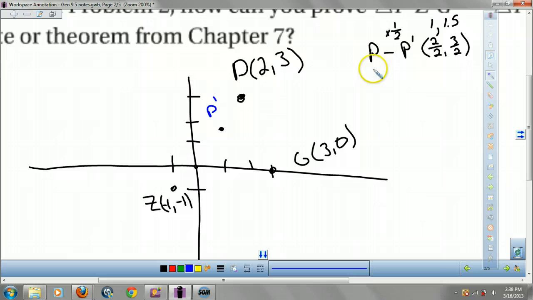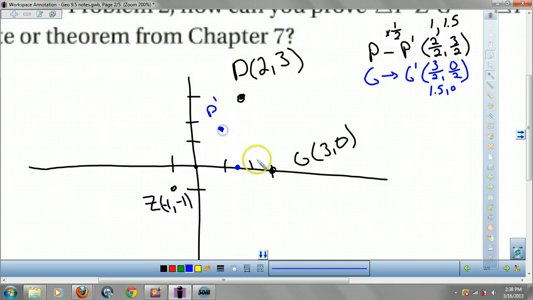Okay. G to G prime. So now I'm going to have 3 over 2 and 0 over 2. Because again, I'm timesing them both by 1/2. So 1.5, 0. So that's my G prime.